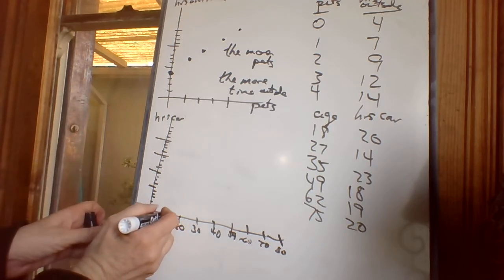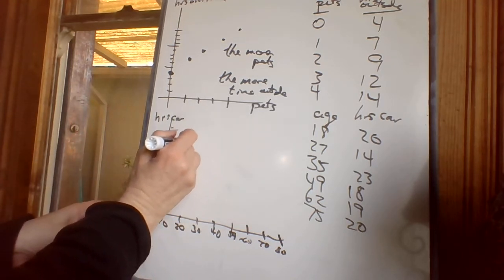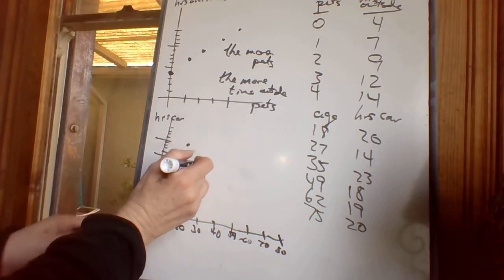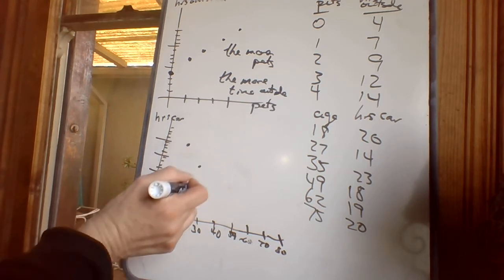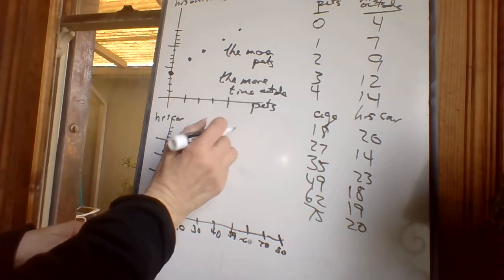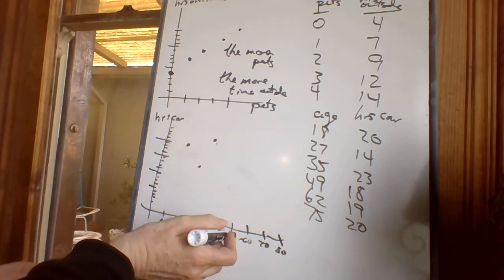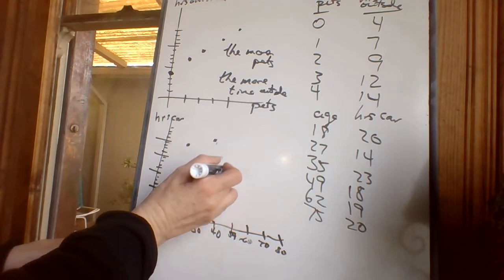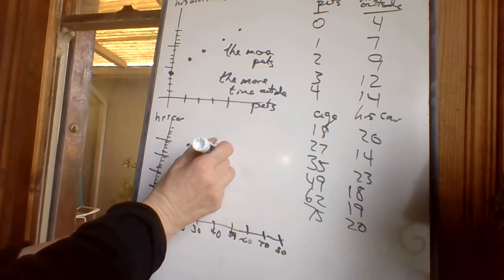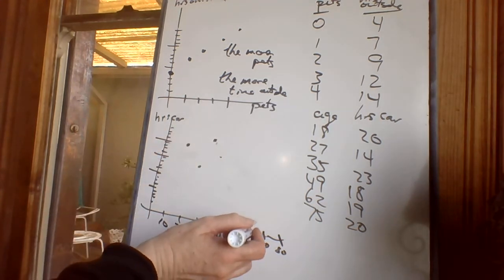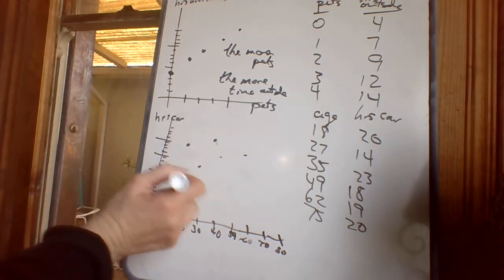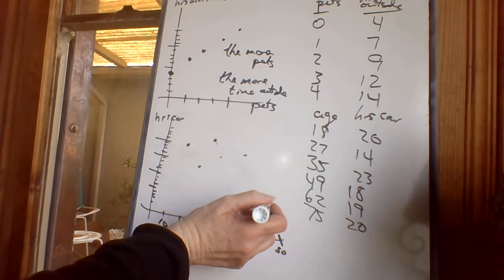My 18-year-old is here and gets a dot up at 20. Then my 27-year-old gets a dot at 14. The 35-year-old, 23. It's not following a particular pattern so far. 49, 18. 62, 19, and 75, 20.